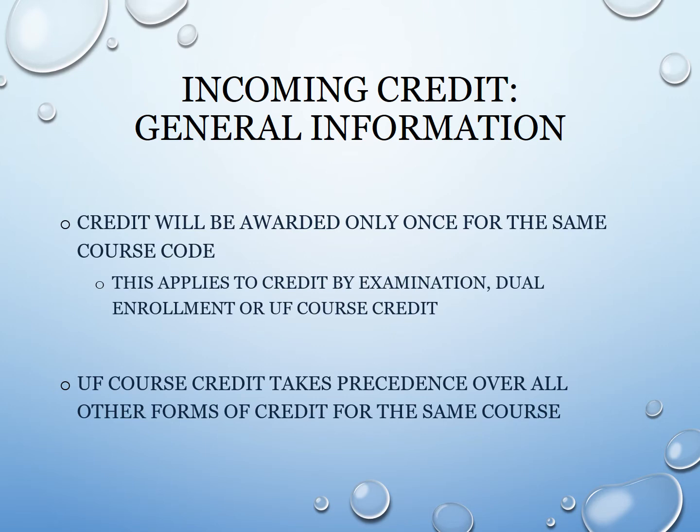But if the student takes the class here and then drops it, they can keep their Calc 1 credit from before. If they take the class here and they don't pass it, let's say they get a D or an E and they fail the course, then they're not allowed to retroactively go back and say, just kidding, I'd rather have my credit coming from this other place. UF course credit is always going to supersede credit coming from other areas.